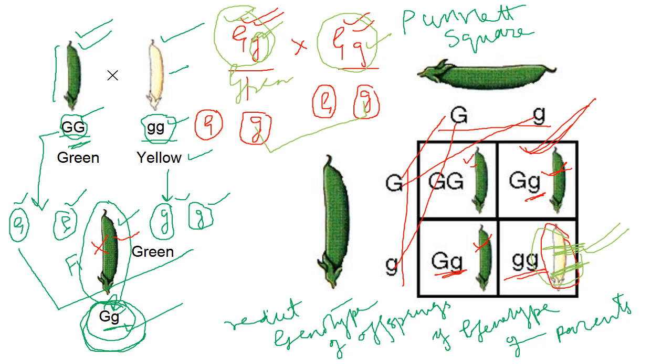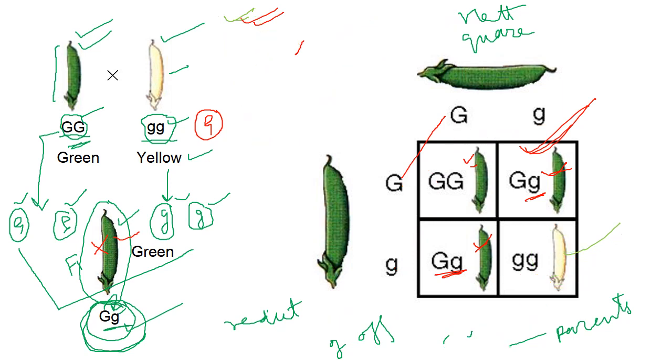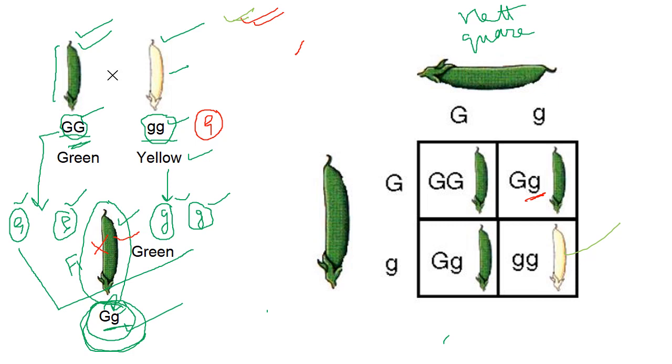Now again, if we look at the genotypic and the phenotypic ratio, we'll get the same results. Here the character is color of the pod. Looking at the phenotypic ratio first, phenotypic ratio means external appearance.